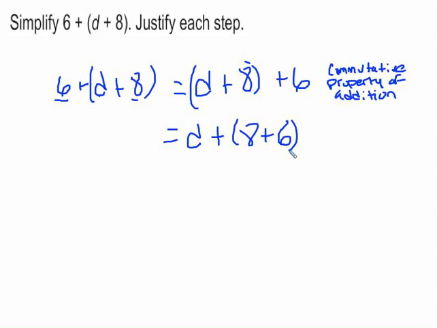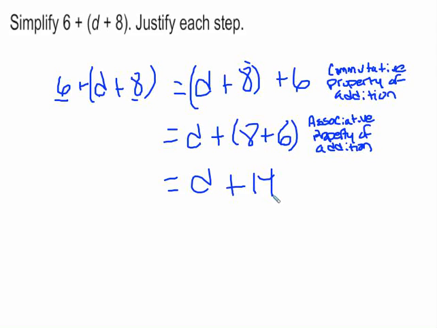And I'm going to justify that again using the associative property of addition. I'm going to wrap things up with, well, now I know what the final answer is. It's going to be d plus 14, and I can't add anything else. And there's my justification. I've used the associative property and the commutative property.